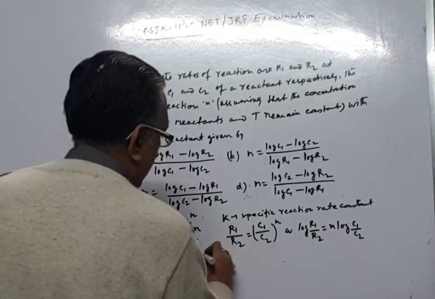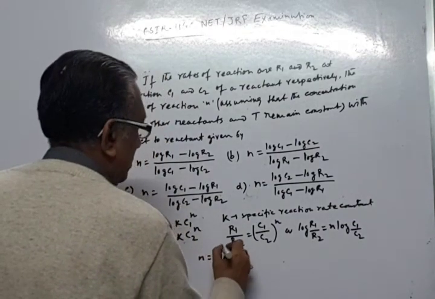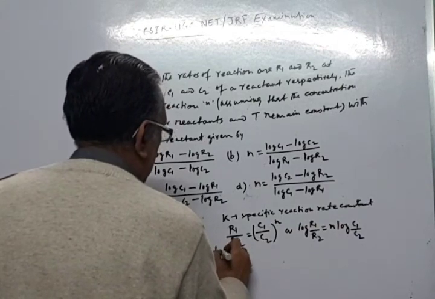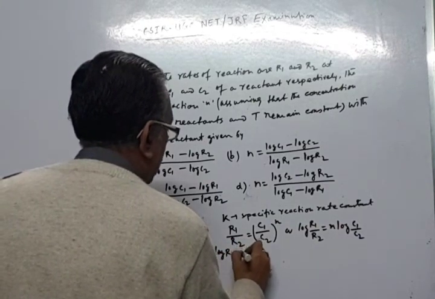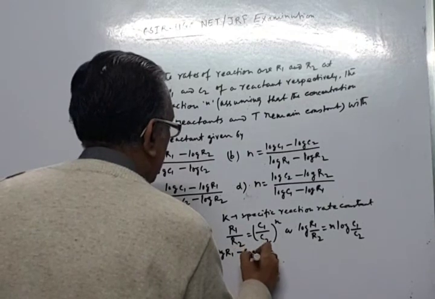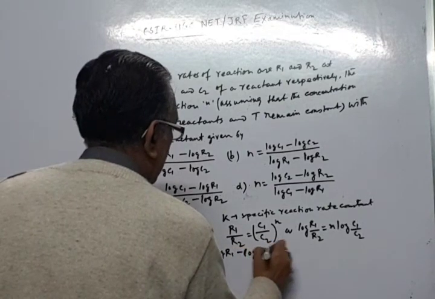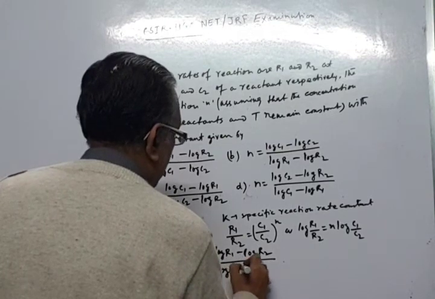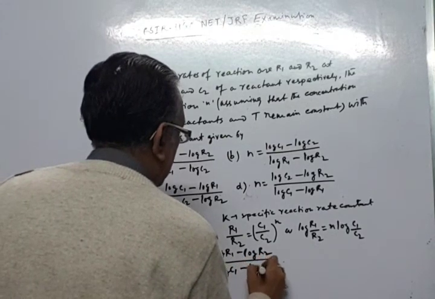Hence n equals log R1 minus log R2 by log C1 minus log C2.